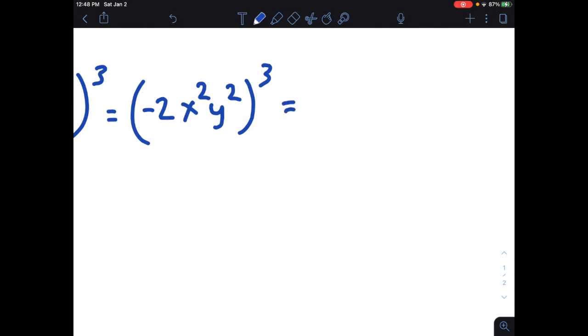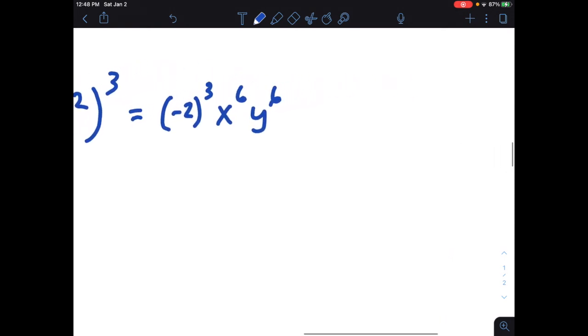So the parentheses are going away at this point, but I'm going to add parentheses because I'm doing -2 to the third power. And then we have x to the 6th, y to the 6th. Because of the power rule, it says to multiply the exponents. And then last thing we need to do is just do -2 to the third power. Well, any negative number to an odd power means it's going to be negative, and it's going to be -8. X to the 6th, y to the 6th.